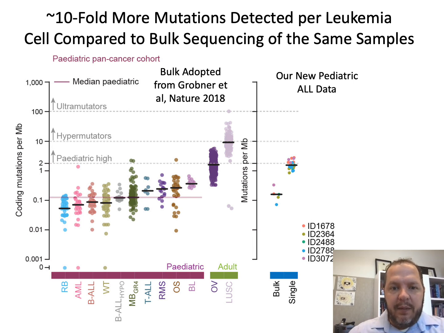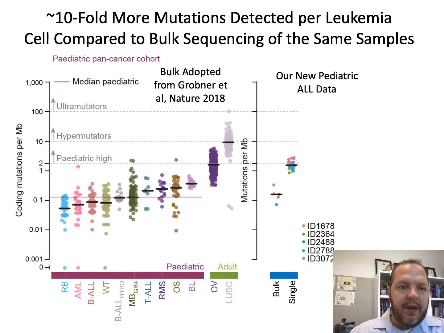In the bulk sample, because you're averaging out all the cells, you're losing a lot of the variants that are limited to a subset of cells. As a result, what you're ending up with is a much lower estimate of the true genetic diversity. What we see is, in these leukemia samples, somewhere around 0.2 mutations per megabase, these are actually whole genome sequencing.